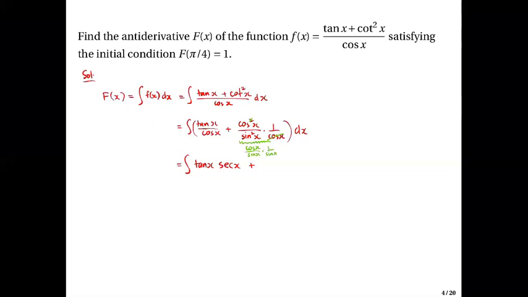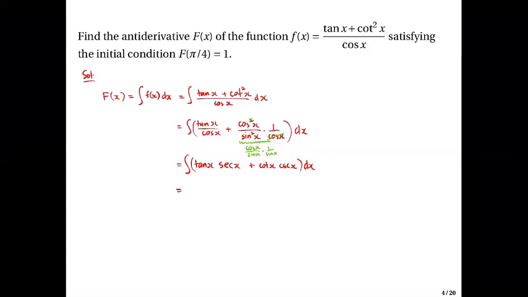And rewriting it this way, we can easily see that this is equal to cotangent x cosecant x, and then we close this, and we have the dx here. Now these two are easily integrable.